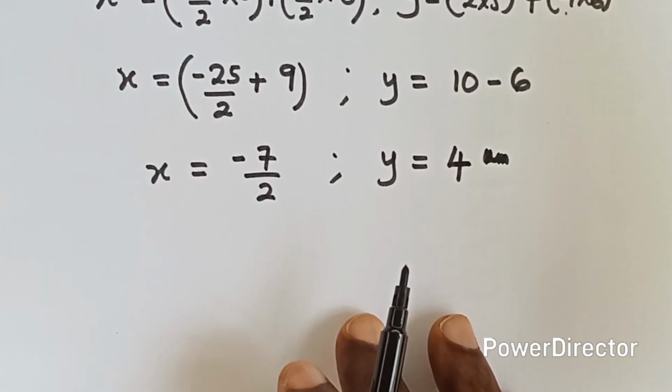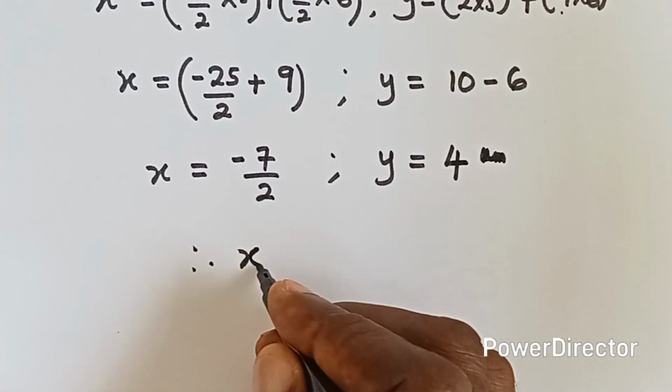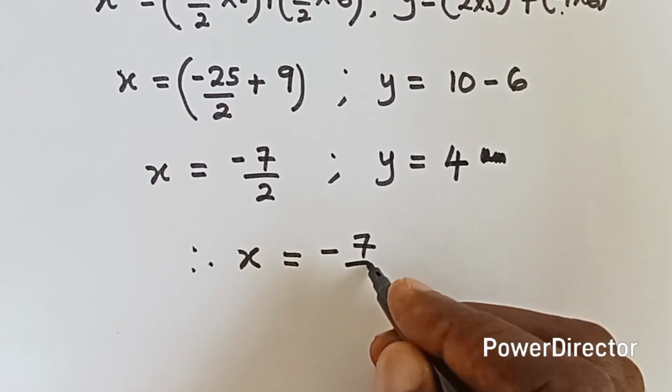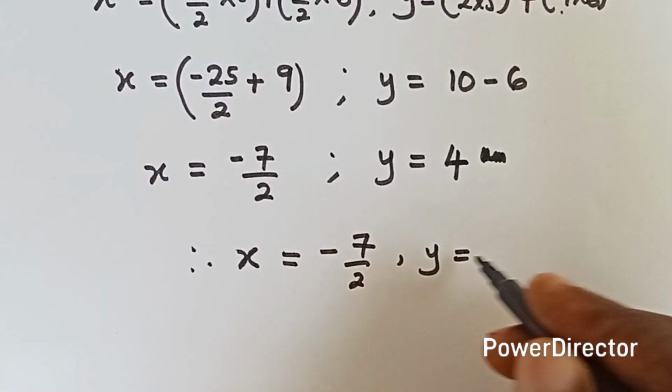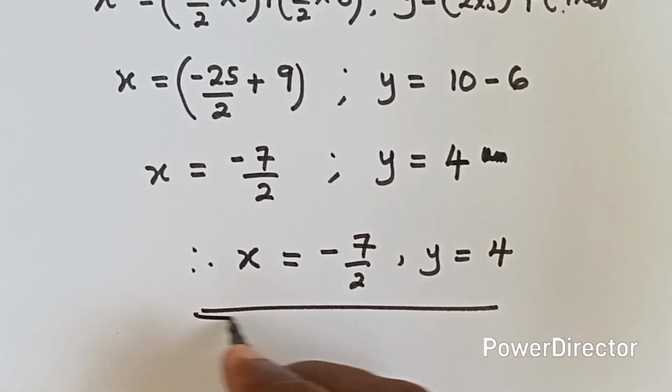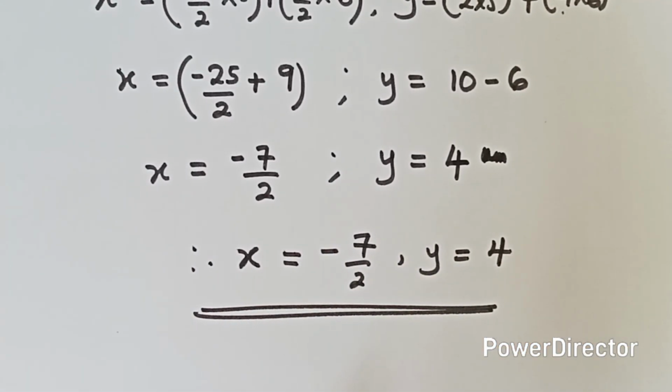So our x equals minus 7 over 2 and our y equals 4. So we have solved this simultaneous equation using matrices.